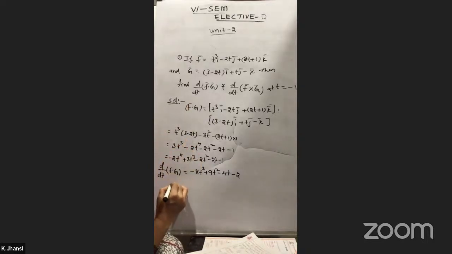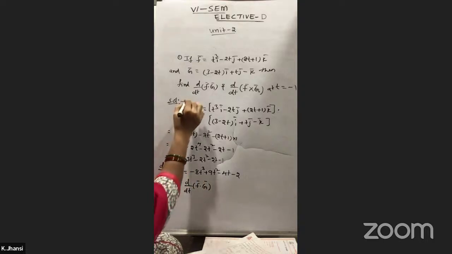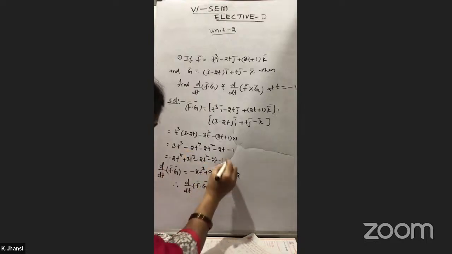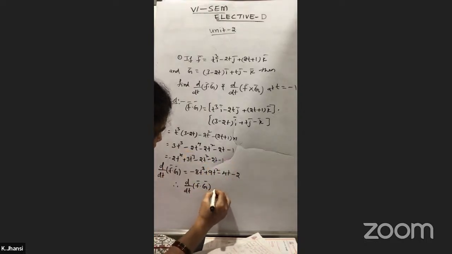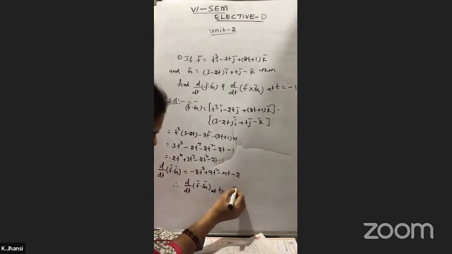So here, d/dt of f dot g at t equals minus 1. Here you substitute the t value as minus 1.